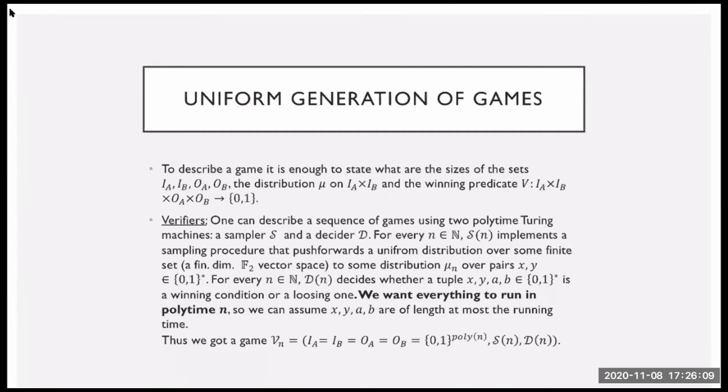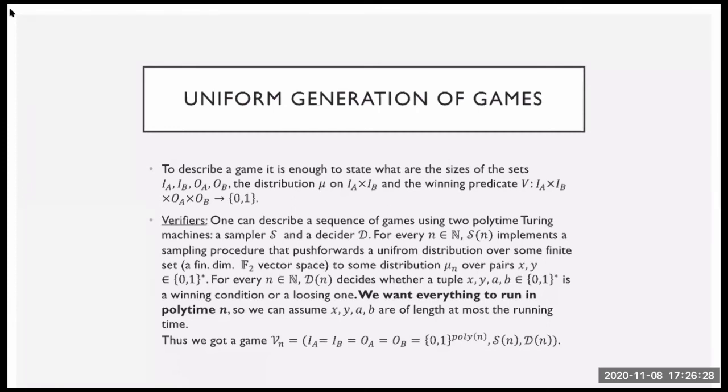Great, so the definition of this uniform sequence of games is called a verifier, and it consists of 2 Turing machines. We ask that these 2 Turing machines are polytime, and I need to say exactly what that means in this scenario.